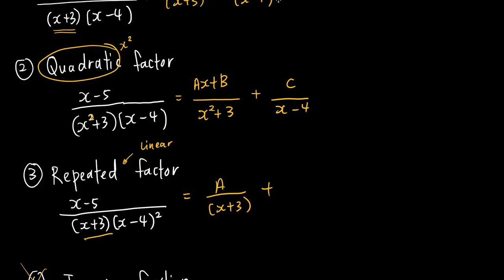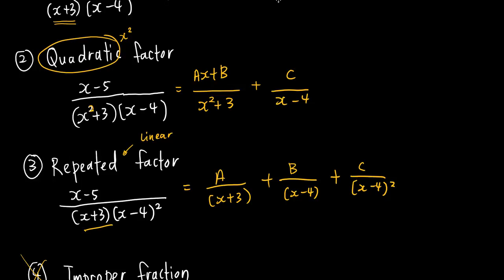So what I will do over here is b over x minus 4, and then plus one more, which is c over x minus 4 squared. That means you need to repeat it, but when you repeat the x minus 4 over here, one is just x to the power of 1, the other one will be power of 2. Okay, this is how you will repeat the x minus 4 squared.